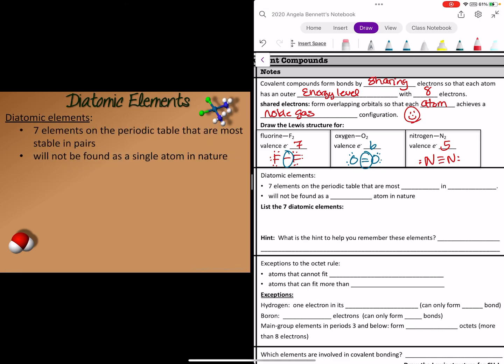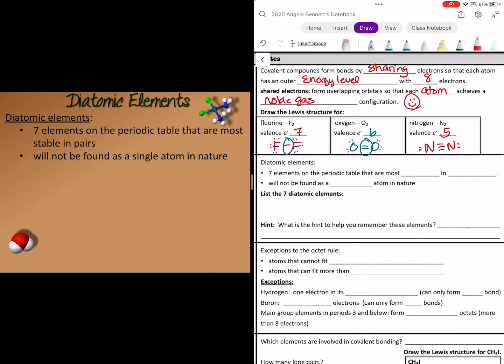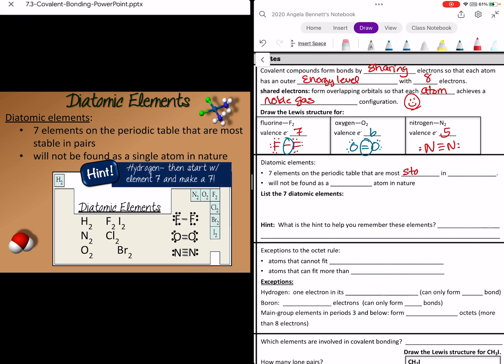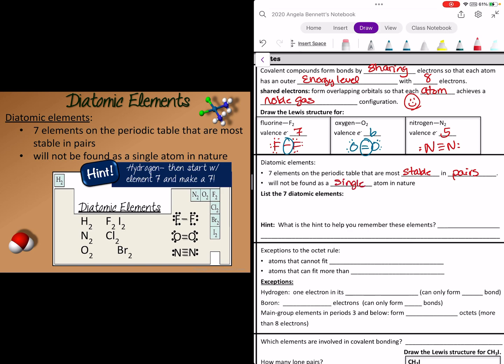Diatomic elements. Don't forget your diatomic 7. Again, this is still review. The diatomic 7 are the 7 elements on the periodic table that are most stable in pairs. Everything is about stability for molecules. They will not be found as a single atom in nature; they are in a pair all the time.